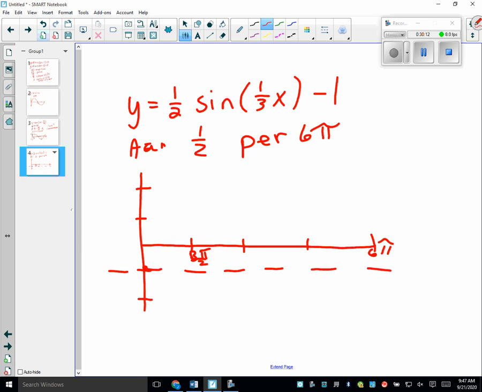Okay. What is this x value? Is it 2 times 3 pi over 2? Okay, what is that? 3 pi. So at 3 pi, where is y? Chandler. Well, did you find this point with us?